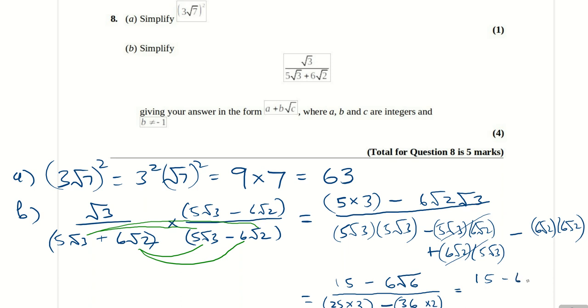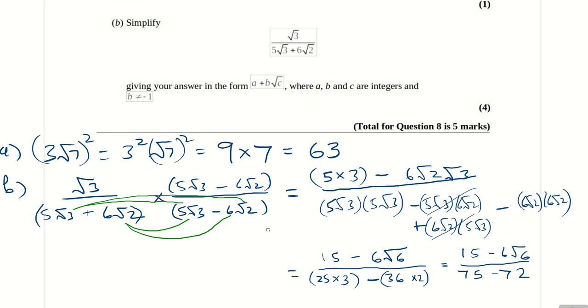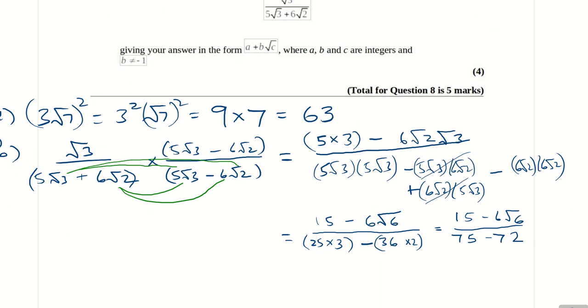15 minus 6 root 6 all over 25 times 3 is 75, minus 36 times 2 is 72. So we end up then with 15 minus 6 root 6 all over 75 minus 72, of course, is 3.